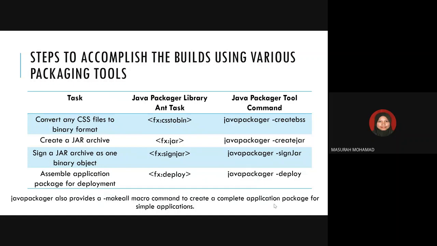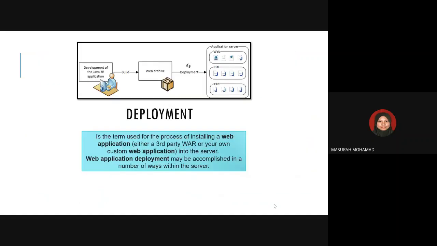Other than that, such as create a jar archive, sign a jar archive as one binary object, assemble the application package for deployment, each has its own tool command, which can be referred to in the given table. Java Packager also provides a makeall macro command to create a complete application package for a simple application. Okay, so this is an illustration of how to make the deployment.